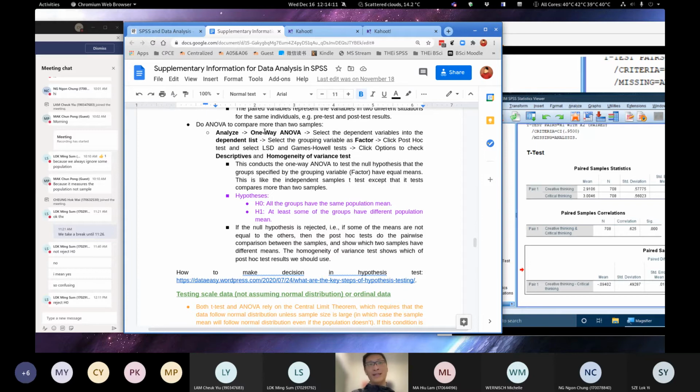But more than that, we need another way. And that way is called the one-way ANOVA. Now, one-way ANOVA is a very complicated thing if you are learning in my statistics class. Let me show you some formula just to scare you.